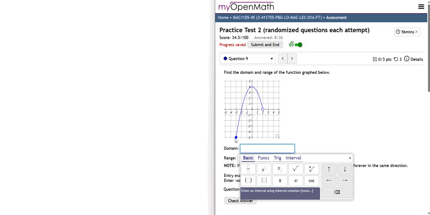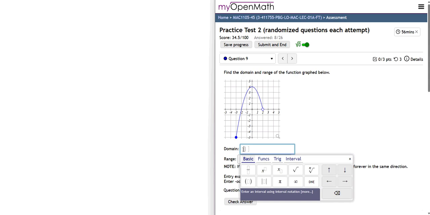So farthest to the left, I see the closed dot at x equals -3. So I'm going to start my domain with a square bracket and -3. Then I notice that the graph continues smoothly and continuously all the way until it hits here where there's an open circle at x equals 2.